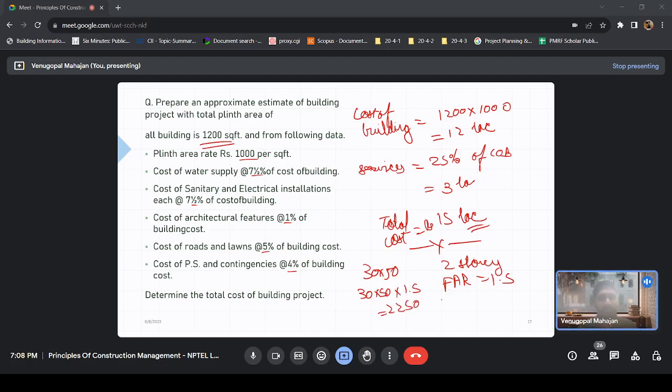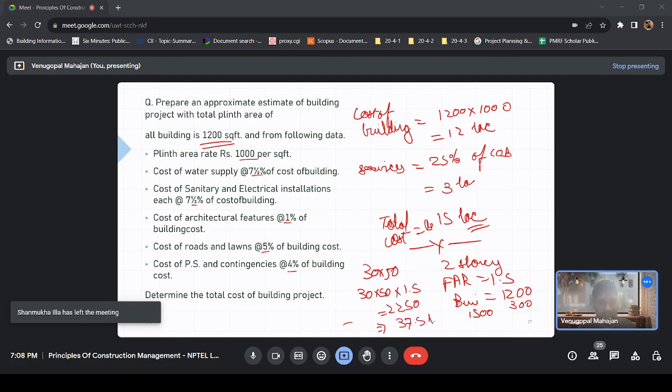What about the building cost? Structural cost would be 1200, and given the amenities he can have, let's say 300 for this. So 1500. You can directly give the total cost: 2250 into 1500, like 37 lakh.